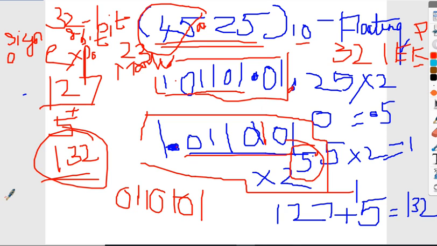Sign bit is 0. This is the equivalent binary of 132. 132 is 1 0 0 0 0 1 0 0.